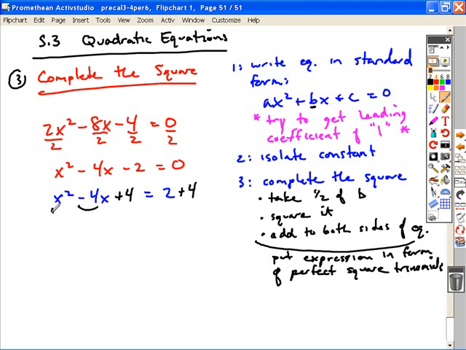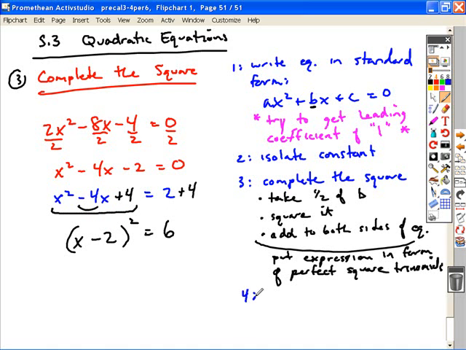So we can take this whole expression right here and rewrite it as a binomial square. And then we just use the rules. The x is our first term, half of the b value is our second term, and that is our binomial square form for that expression. And then just simplify the right side.